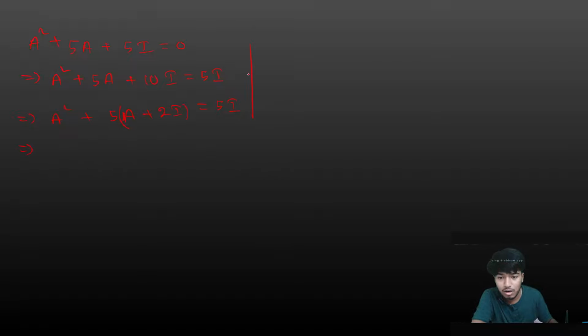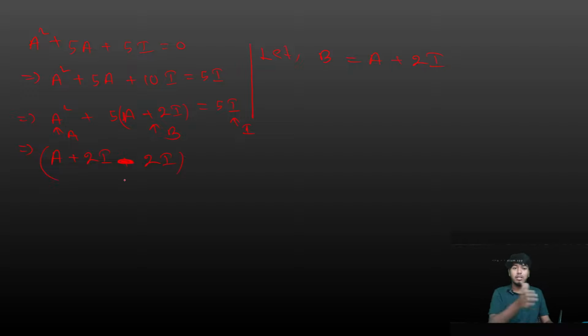So let B equal A plus 2i. Here there is B, but here there is A and here is identity. If we somehow replace A by B, then our job is done. So A plus 2i minus 2i is the identity matrix; subtraction and addition are properties of matrix addition, so there is no harm.